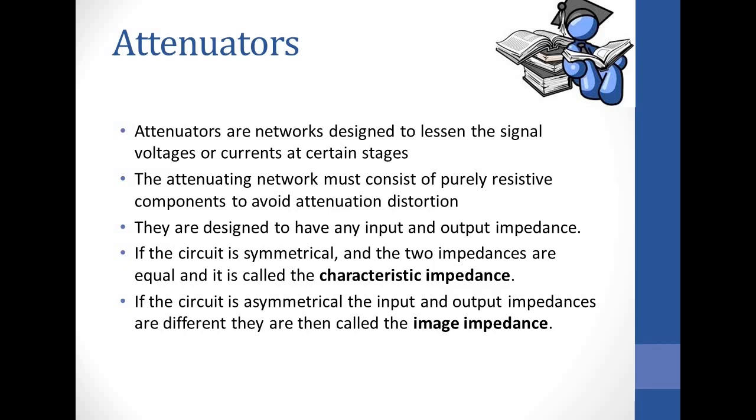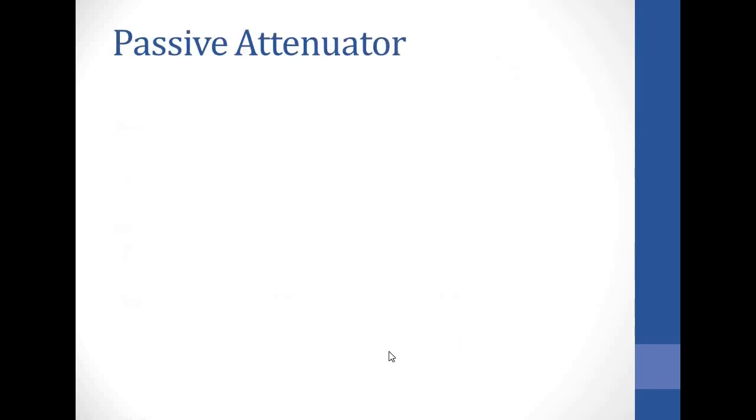What I'm saying here is that if the input impedance is 600 ohms, the output impedance is also 600 ohms. But there are also others which are called asymmetrical attenuators, whereby the input impedance is different from the output impedance, and these are called image impedances. For example, if the input impedance is equal to 200 ohms, you can have an output impedance of 500 ohms.